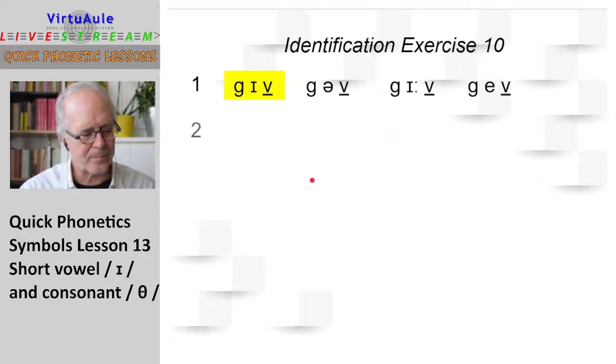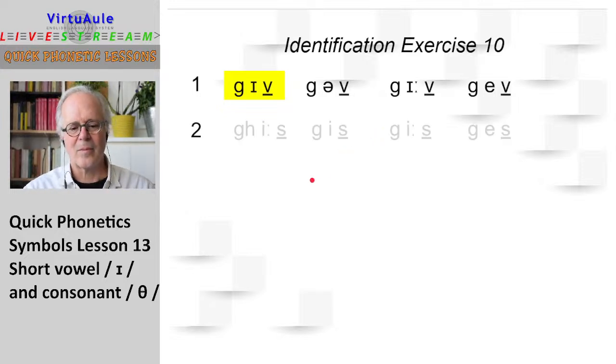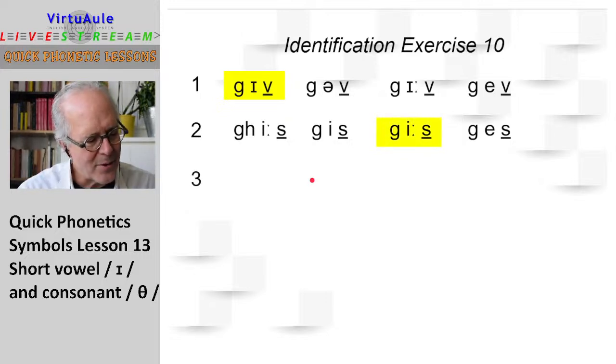Number 2. Geese. Geese. Did you guess it? Right? Good. Third word.